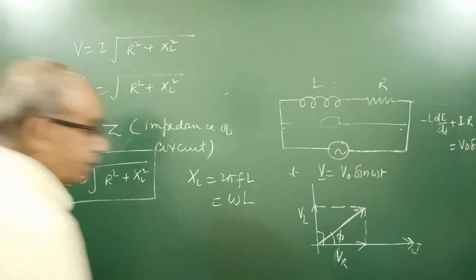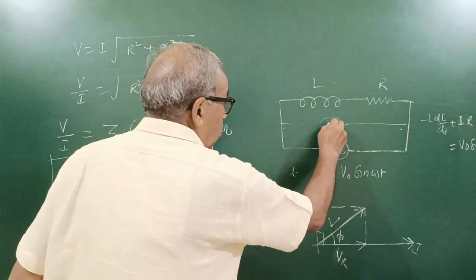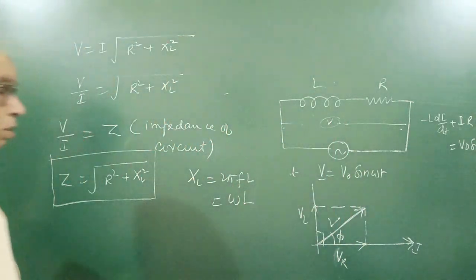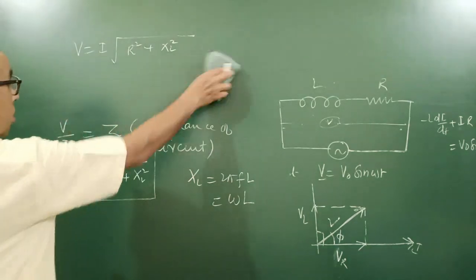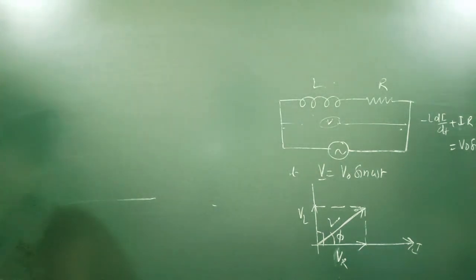Now this voltage, which the voltmeter will read, leads the current in phase.